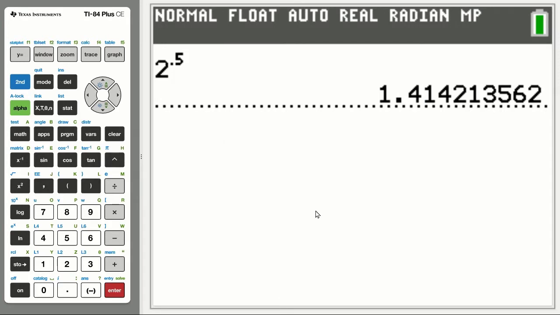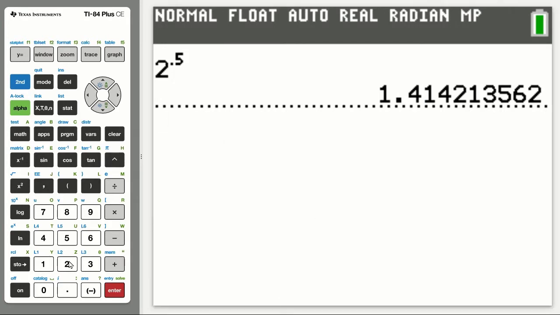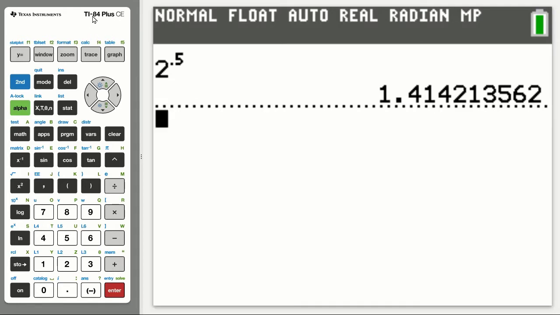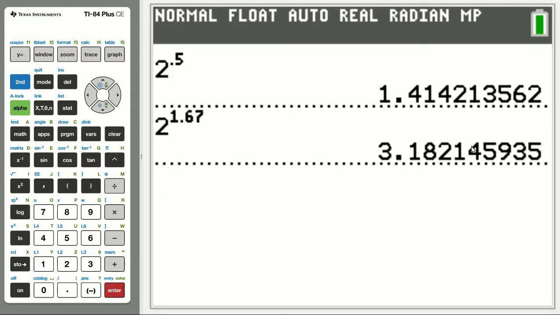Now hopefully at this point anyone viewing the lesson has had a decent amount of comfort with the calculator, and now I can just use the advanced version of the TI-84 Plus CE right here. And so now 2 raised to the 1.67. Okay, and now I hit enter. So this is the value right here, numerically in decimal expansion.